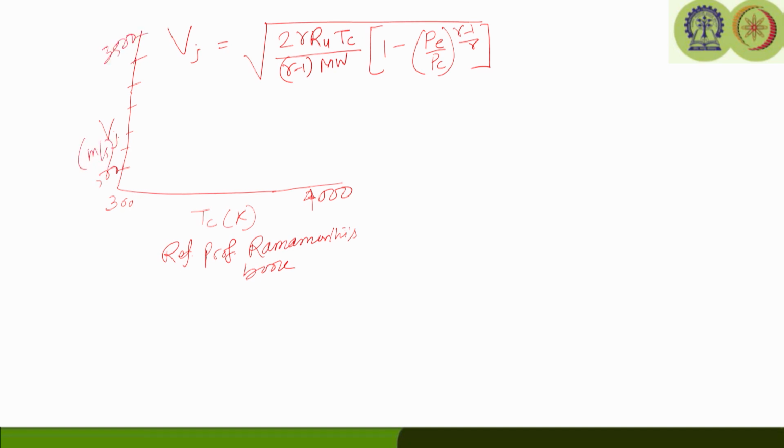I am just giving you the trend: Vj is going to increase with the increase of chamber temperature Tc.